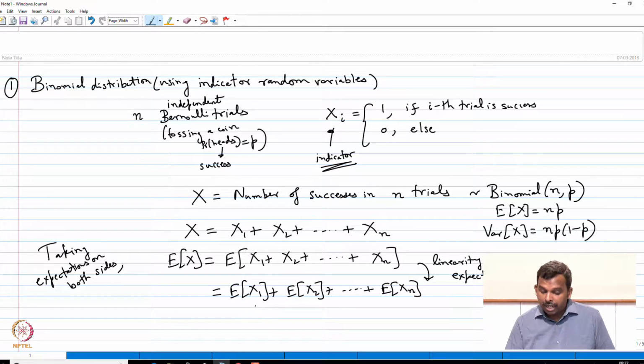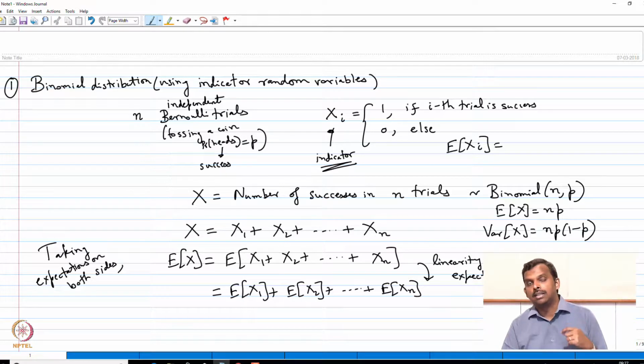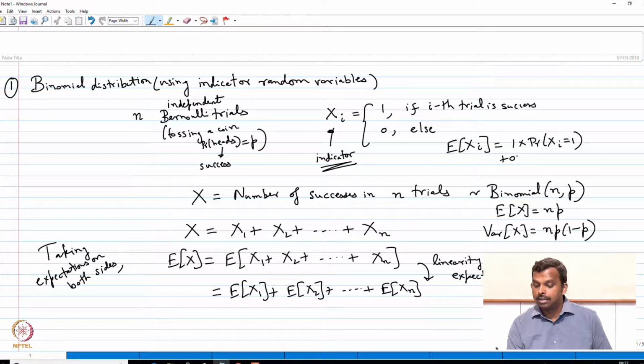So now, what is the big advantage with this kind of thing? The reason is, if you want to find expected value of xi, it's very easy. It's a random variable that takes just two values, 0 and 1. So it is 1 times probability that xi is 1 plus 0 times probability that xi is 0. So this simply evaluates to probability that xi is 1.